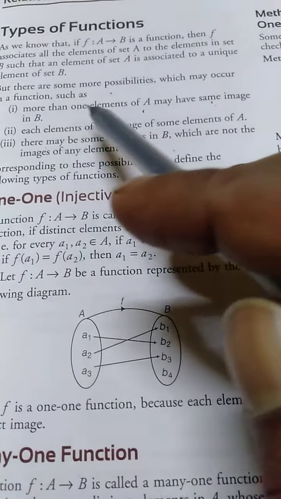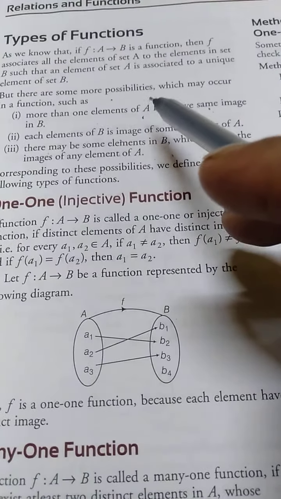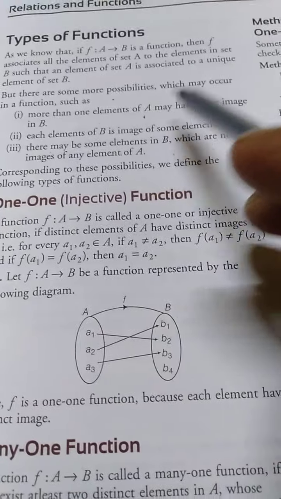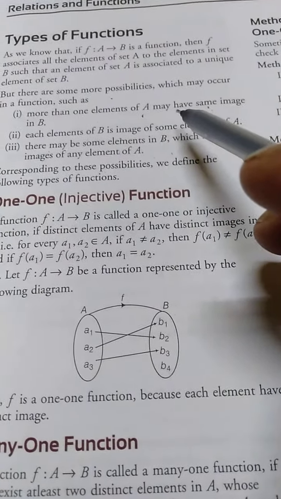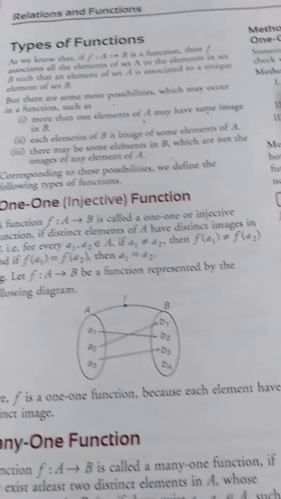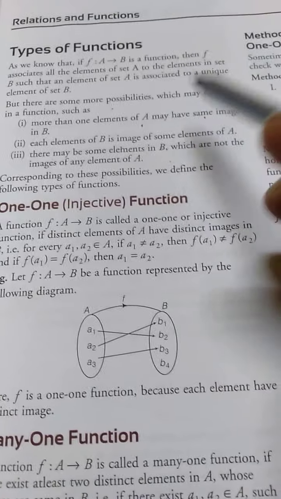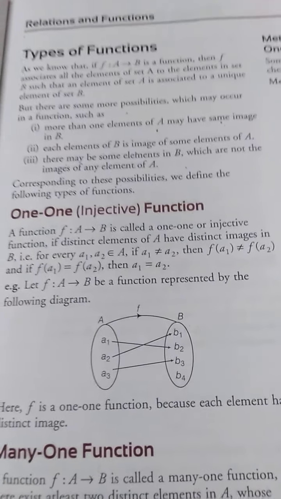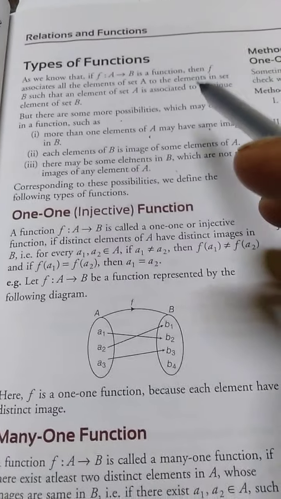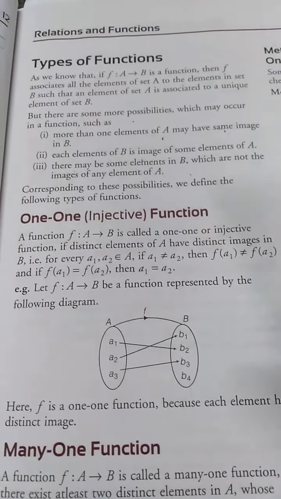So what is the main thing? Let me sum up: every element of A must have an image in B. More than two elements of A can have the same image, that is also allowed. But it is not possible that one element of A will have two images in B. A function can be many-one, but a function can never be one-many.